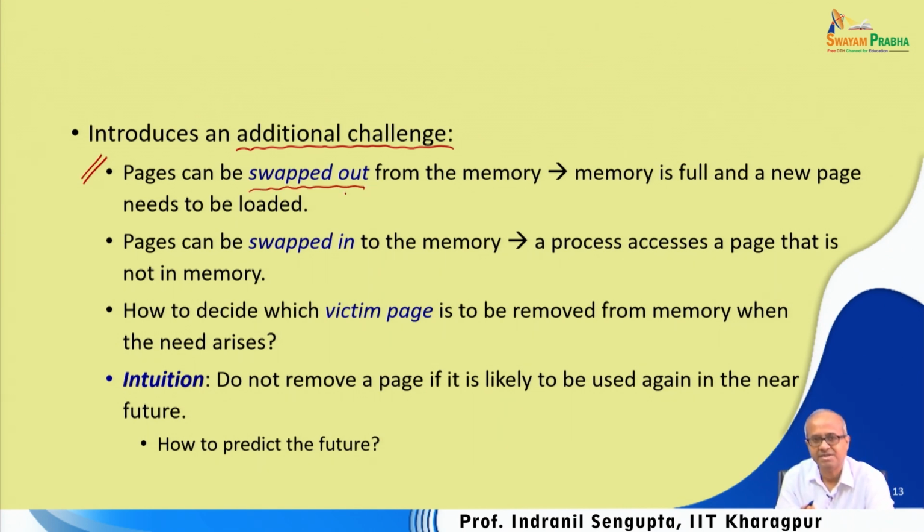Why? It can so happen that the memory is already full and some process is requesting a new page. So, the new page has to be loaded, we do not have any space in memory. So, one of the pages has to be swapped out.